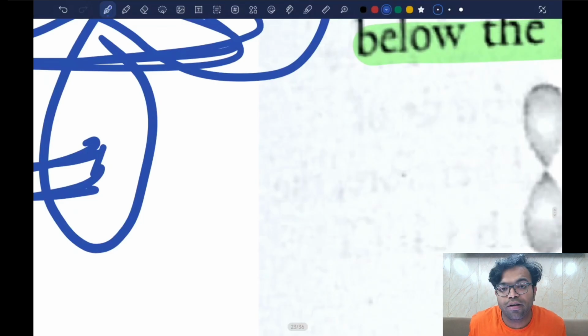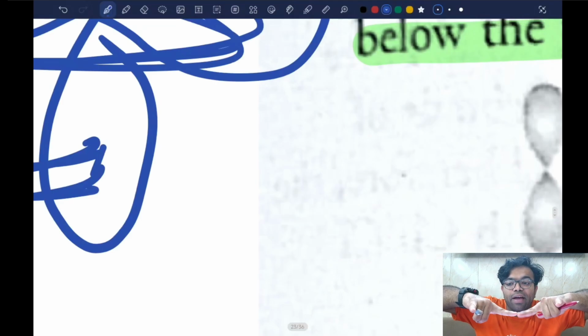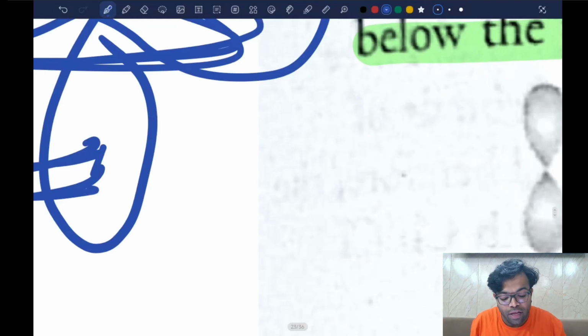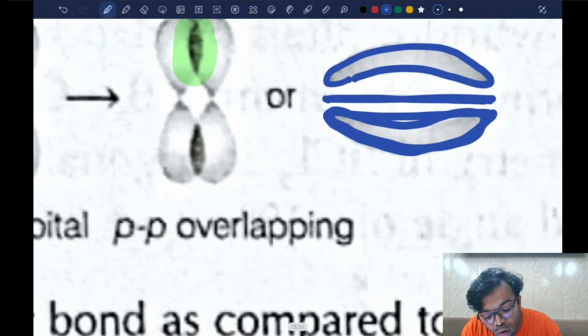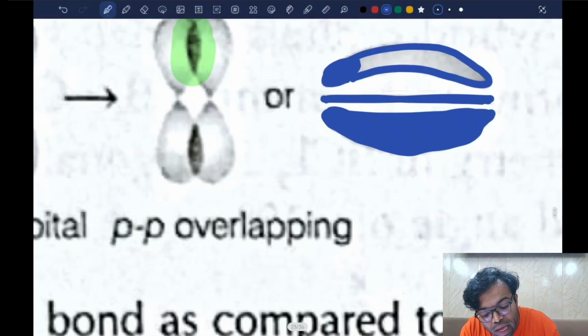No, it does not, because only one pair of orbitals is overlapping. If you want to have a triple bond, then the py and the py, there should be a bond here and here also. So these two make only one double bond. So to make a pi bond, you need to have a head-on collision first.